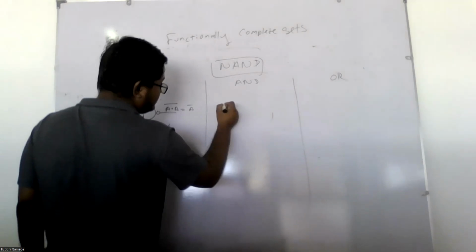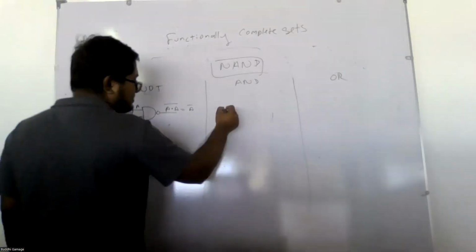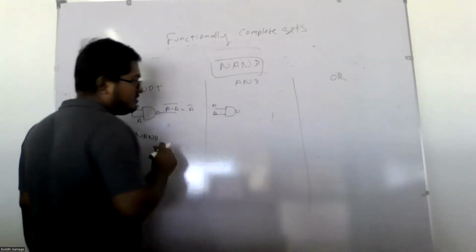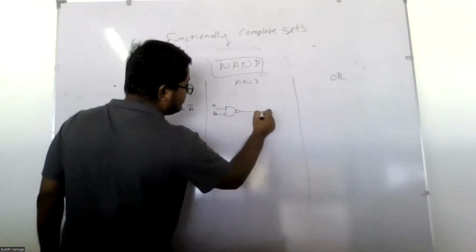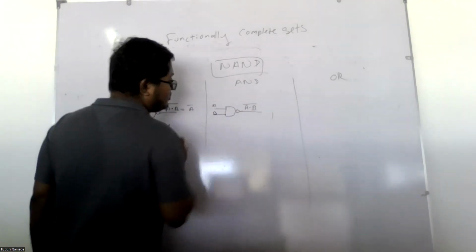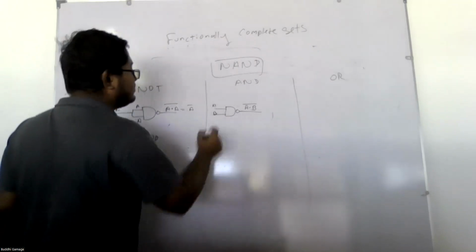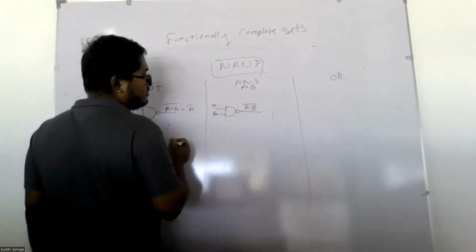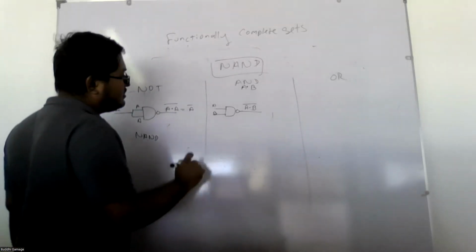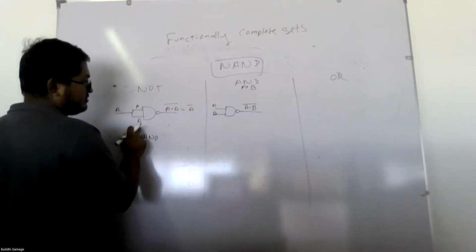So simply I will do it this way. Let's simply draw that NAND gate. So here it's A, B. This will give A dot B, whole bar. What we need is A dot B. If we negate this one, then we can simply get the AND gate. So how to negate? Again with another NAND gate.